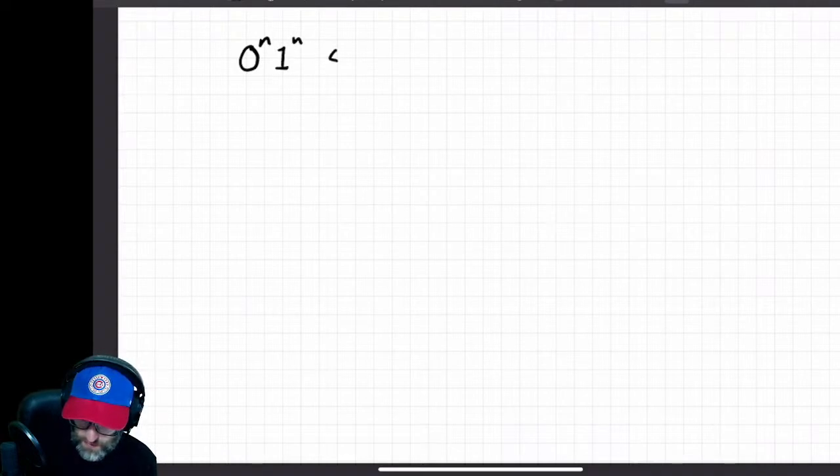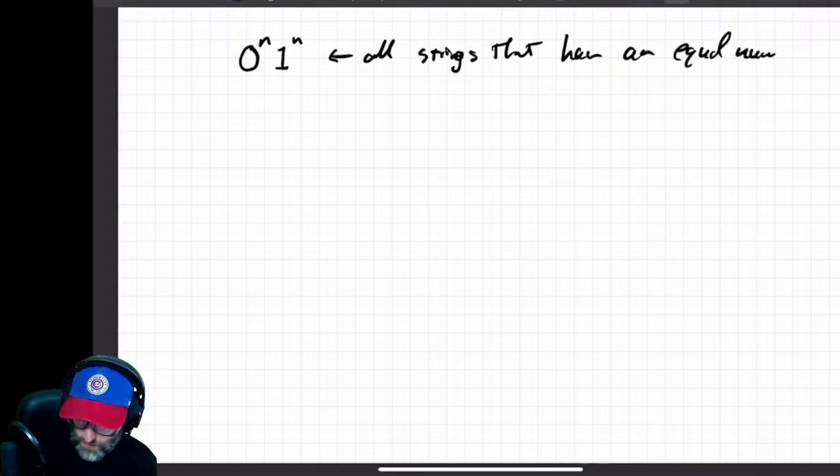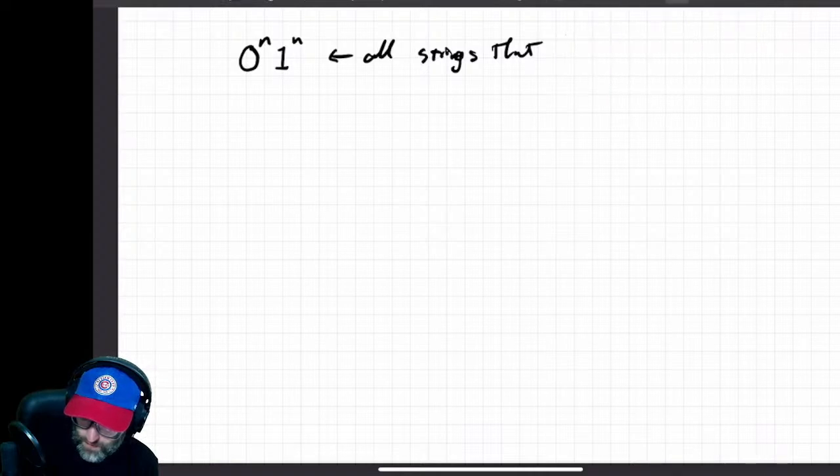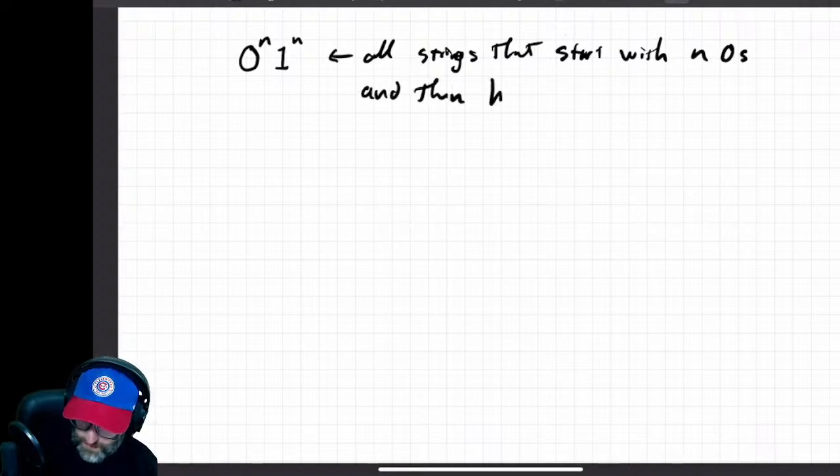So this is all strings that start with n zeros and then have n ones. Right? So for example, 0, 1.